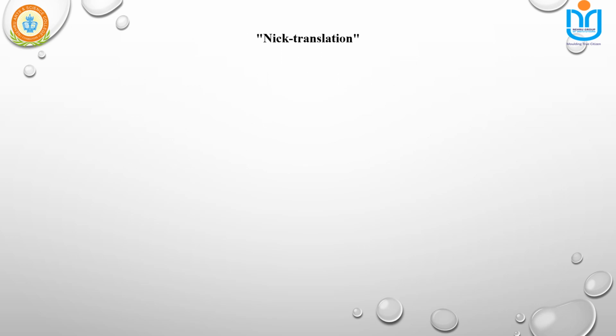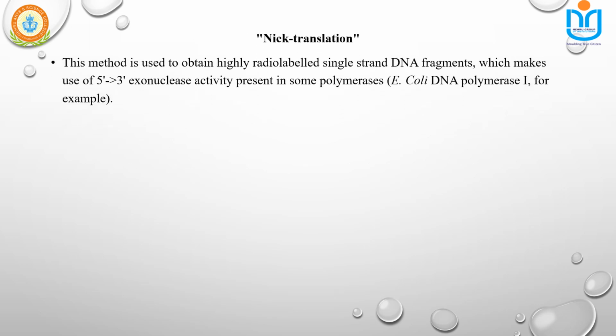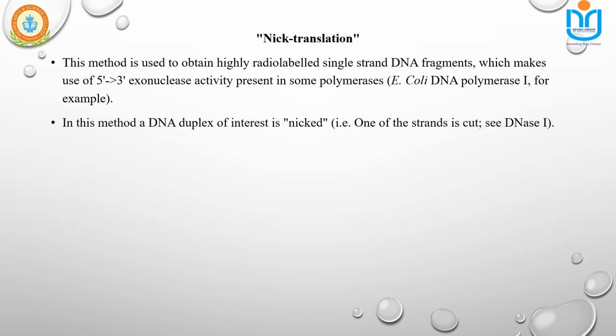Nick translation. This method is used to obtain highly radiolabeled single-strand DNA fragments, which make use of 5' to 3' exonuclease activity present in some polymerases, for example, E. coli DNA polymerase I. In this method, a DNA duplex of interest is nicked, that is, one of the strands is cut.